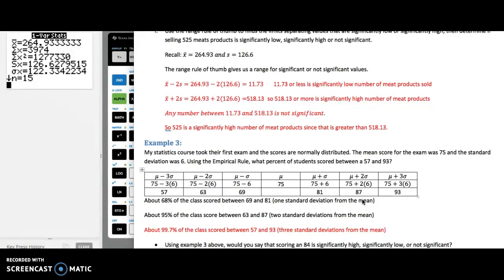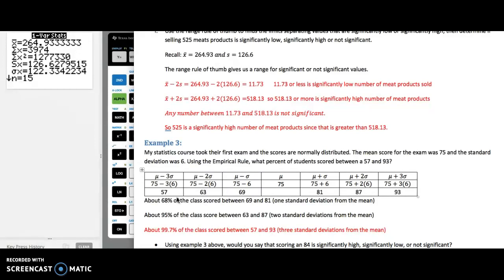If you go out 3 standard deviations, so you subtract 3 times sigma, so 75 minus 18, you end up with 57. Here, you add 3 standard deviations, so 75 plus 18, you end up with 93. So if you go out 3 standard deviations from the mean, then about 99.7% of the class scored between those two numbers.